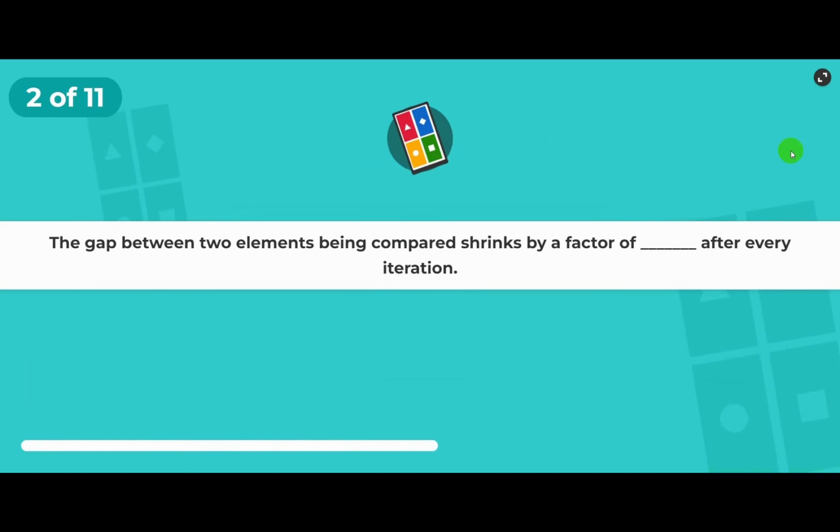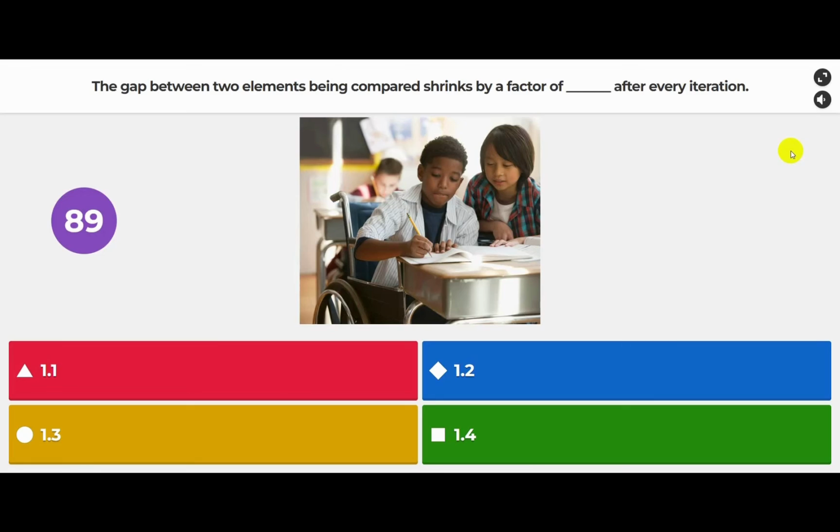The gap between two elements being compared shrinks by a factor of what after every iteration? Because for the most effective sorting, the distance between the two elements should shrink by a factor of 1.3 after each iteration according to experiments. So 1.3 is the correct answer.